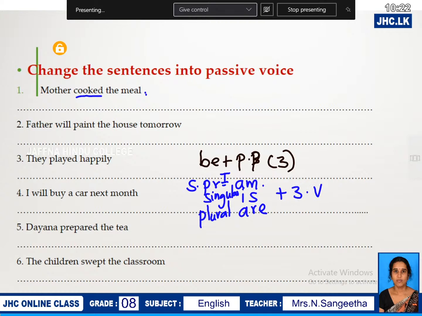That means the past participle of the verb. That is the important thing.